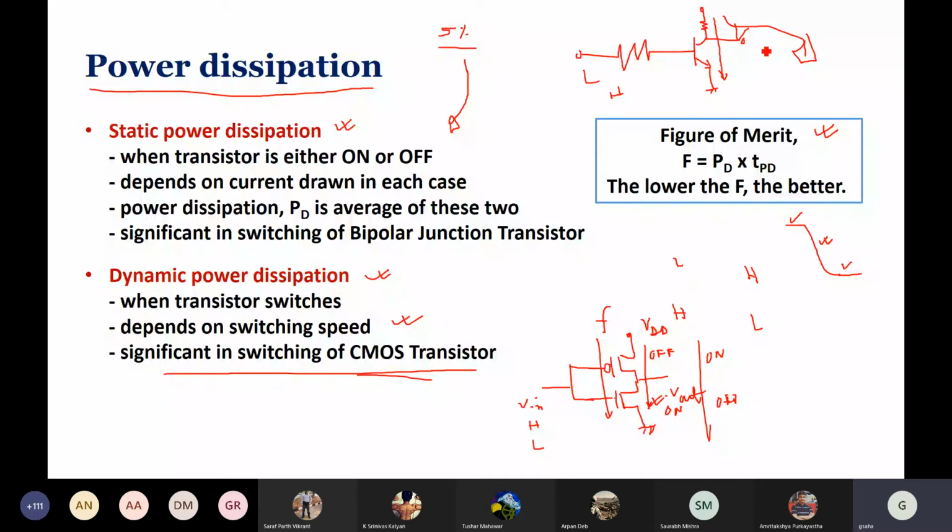One thing that I have perhaps not mentioned is that it is not only I squared R loss. Probably that is what was in your mind. See, the loss is also there within the transistor, which is VC multiplied by IC, in the circuit diagram that I have in mind.